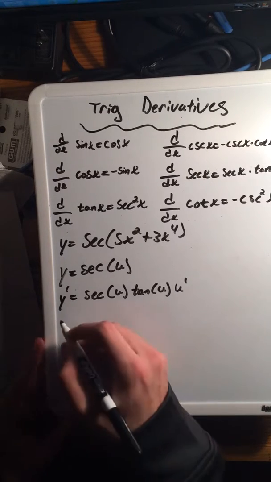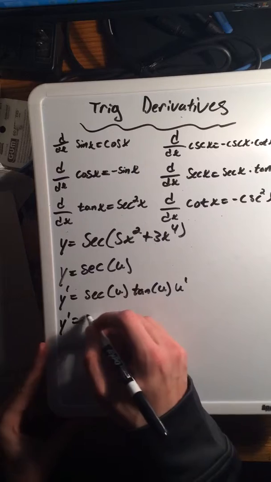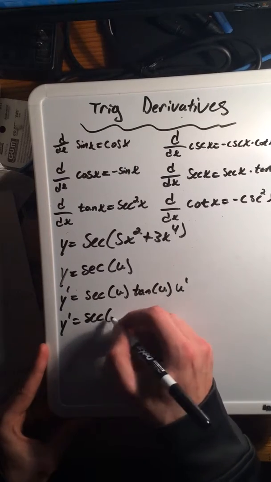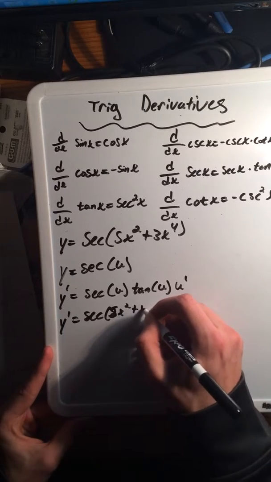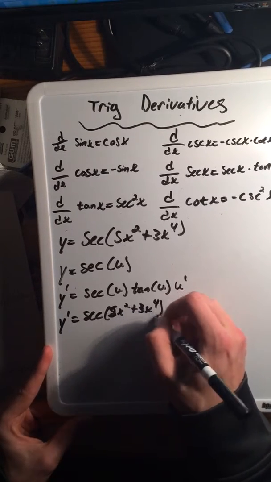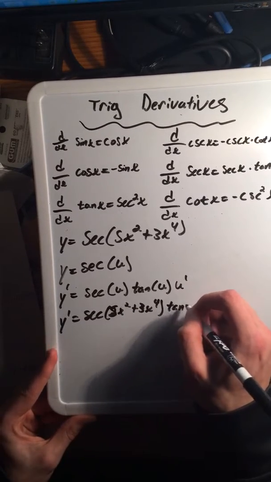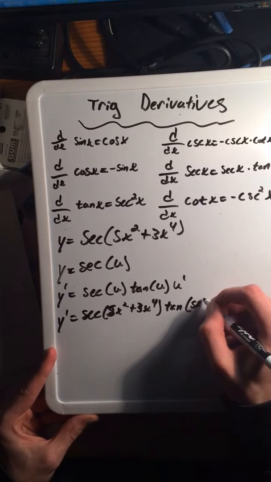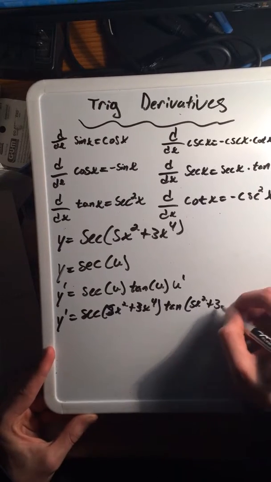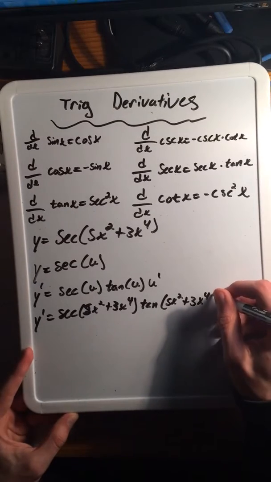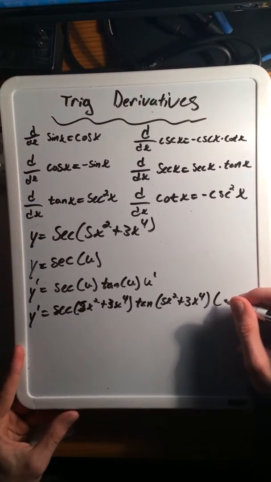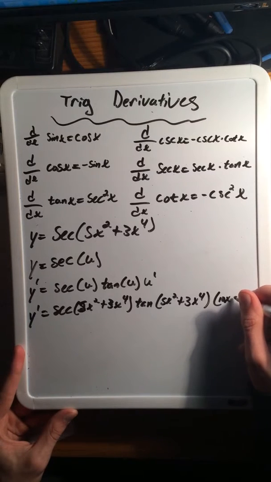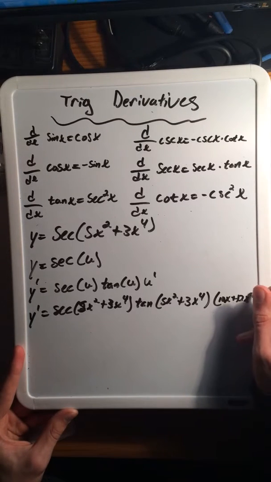So now you just plug in the blanks again. So y prime equals secant of 5x squared plus 3x to the fourth times tangent of 5x squared plus 3x to the fourth, all times 10x plus 12x to the third.